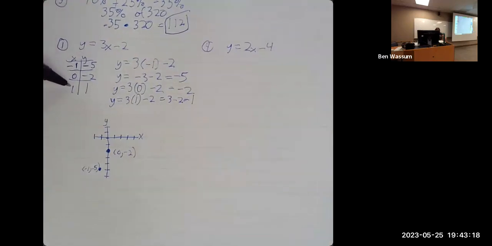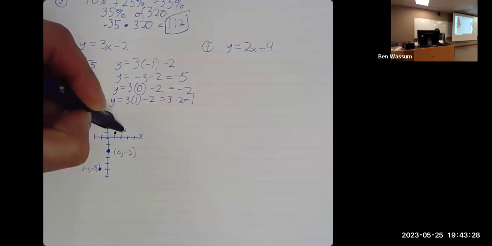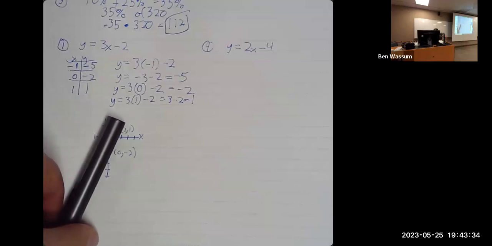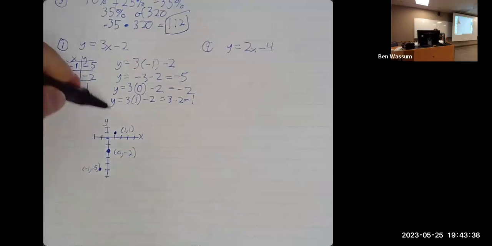And our third point, love it, 1, 1. So you start at the origin, 1 in the x, 1 in the y. There we go. And we look at this and say, hey, are those all along the same line? Well, yeah. Other than my line being slightly crooked, but perfectly fine.